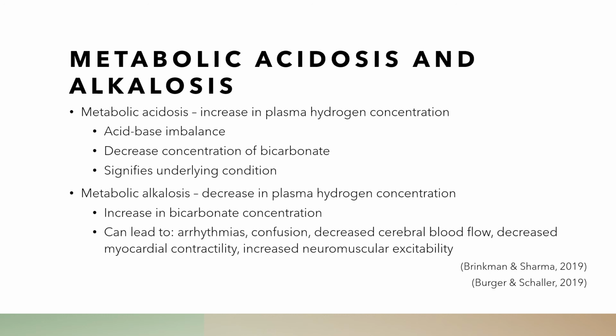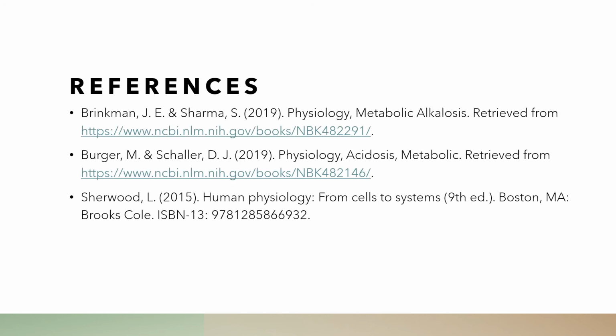This condition can result from gastrointestinal or renal losses of hydrogen, an intracellular shift of hydrogen, or the retention or addition of bicarbonate in the plasma. It can lead to conditions such as arrhythmias, confusion, decreased cerebral blood flow, decreased myocardial contractility, and increased neuromuscular excitability.